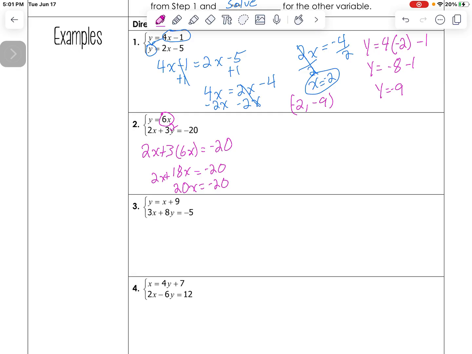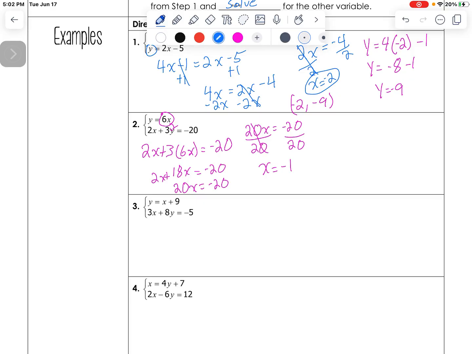All right. We have 20x equals negative 20. Divide by 20 on both sides. x equals negative 1. All right, now what are we going to do?